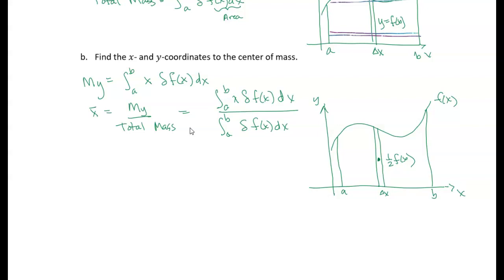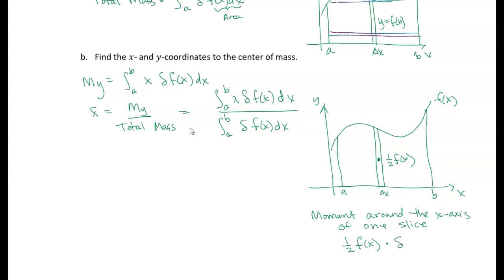All right, so we can actually find the moment around the x-axis of one slice, in this case a vertical slice, by taking 1/2 f of x. We're going to use that as the center of mass for that slice, and that's our distance from the x-axis times the mass of that slice.